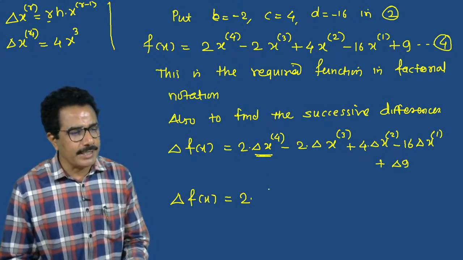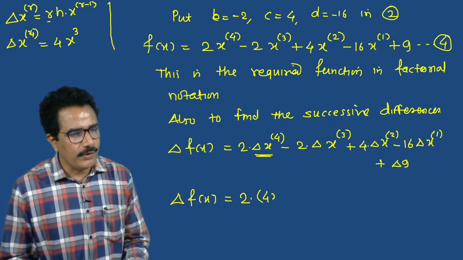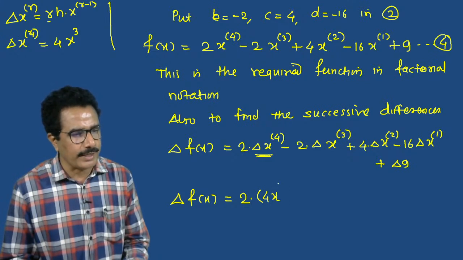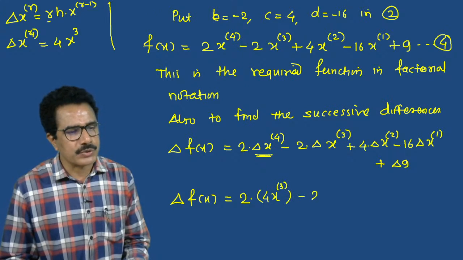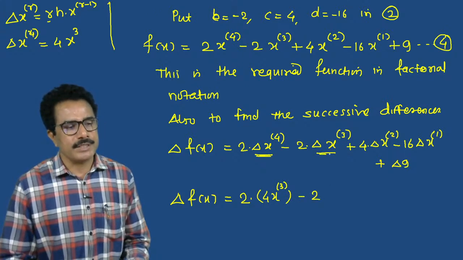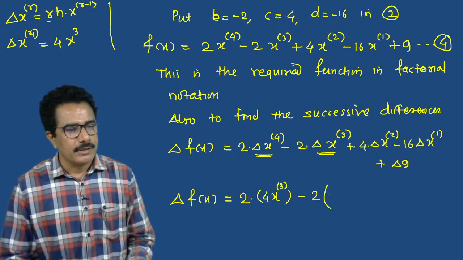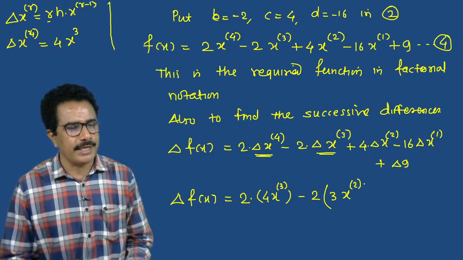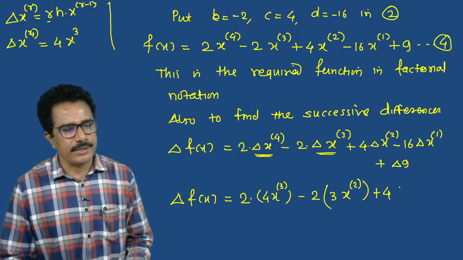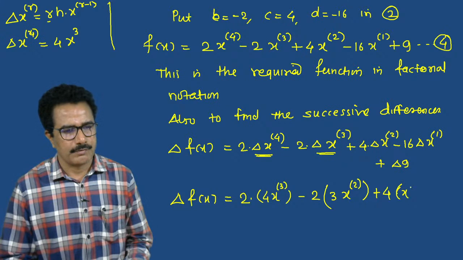So we can write 4x raised to 3 factorial minus 2 into, now tell me students, what is its value? 3 into x raised to 2 factorial plus 4 into x raised to 1 factorial.